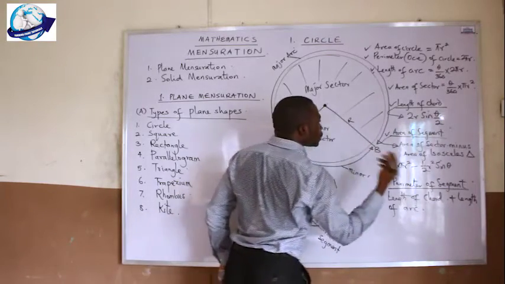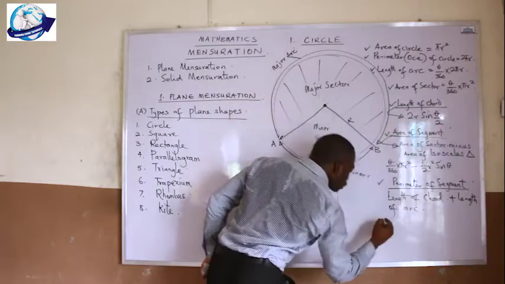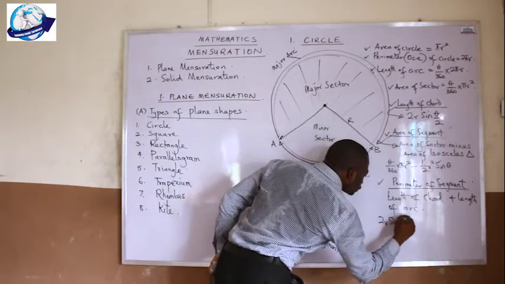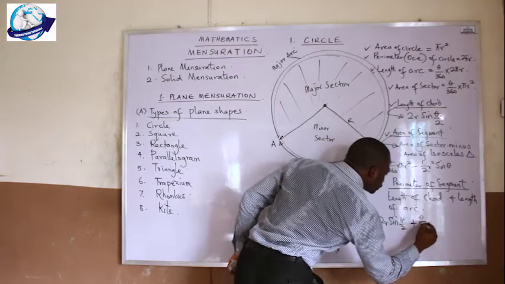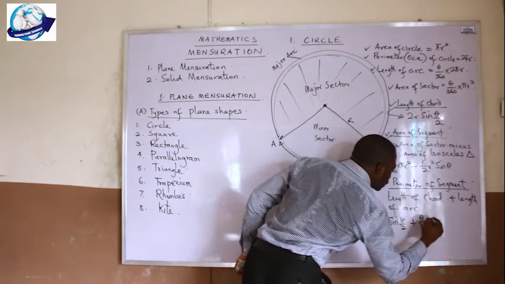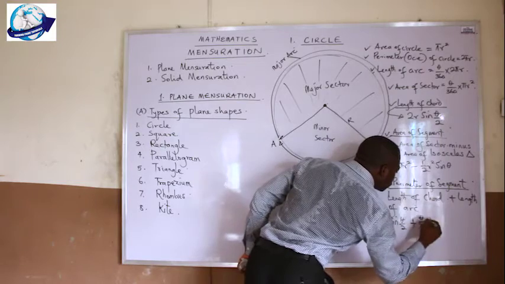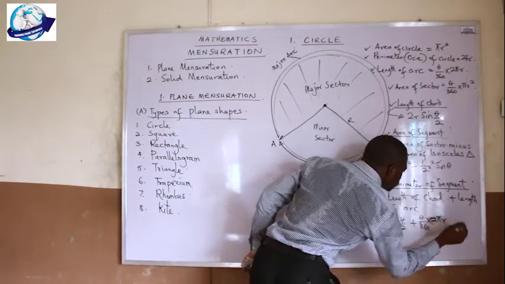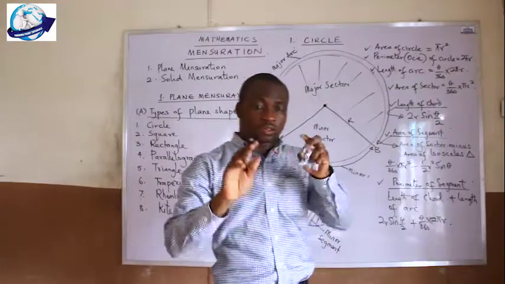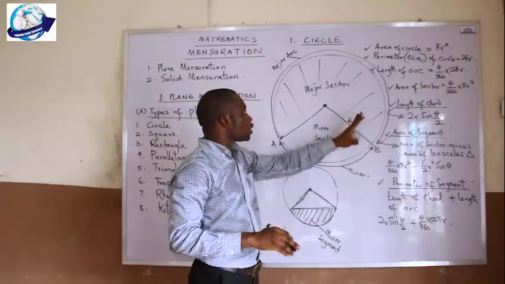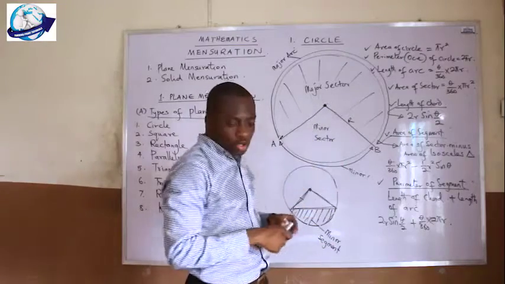What's the length of chord? This length of chord is 2 r sine theta over 2. Length of arc is theta over 360 multiplied by 2 pi r. So these are the formulas you need in a circle. With these formulas, you can calculate anything you want to calculate in a circle.